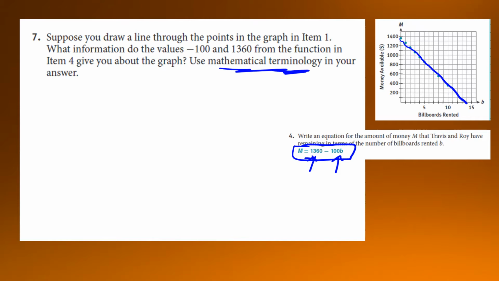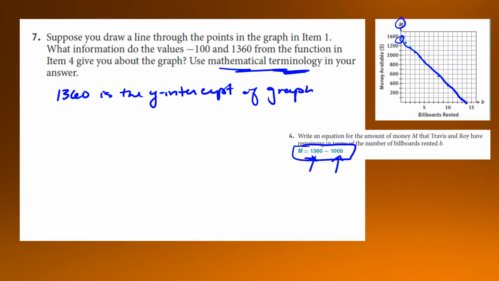Alright, so I'm going to presume you paused me and tried it, and maybe you said something like 1360 is the y-intercept of the graph. That's where the graph hits the y-axis, right there. Well, it's the m-axis, but we'd still call it the y-intercept in this coordinate plane.